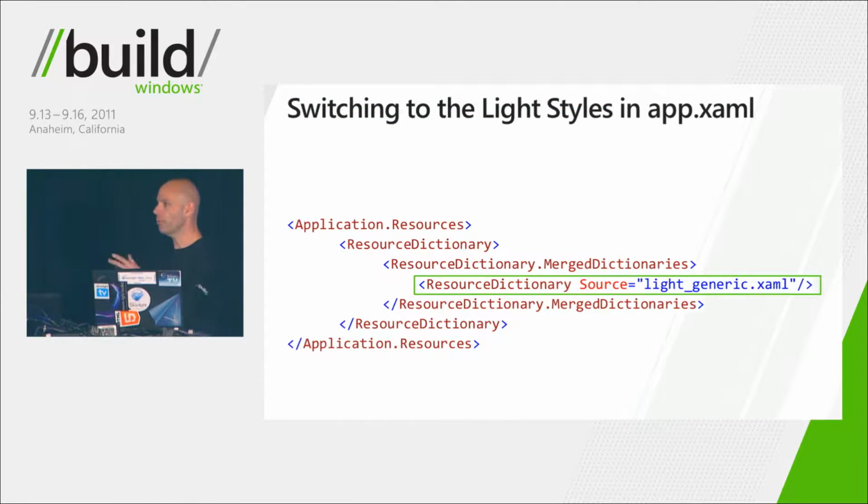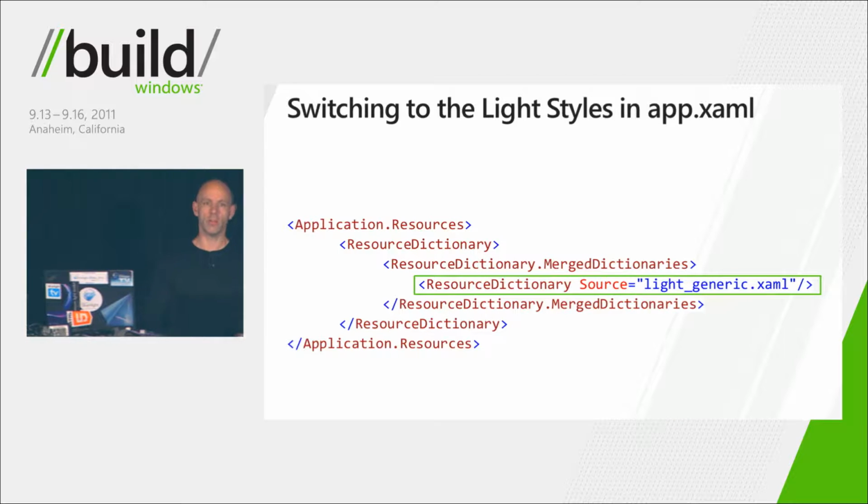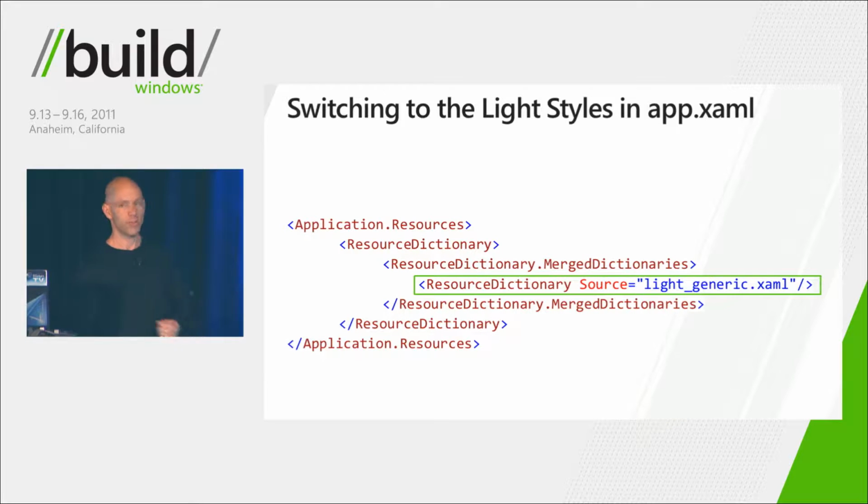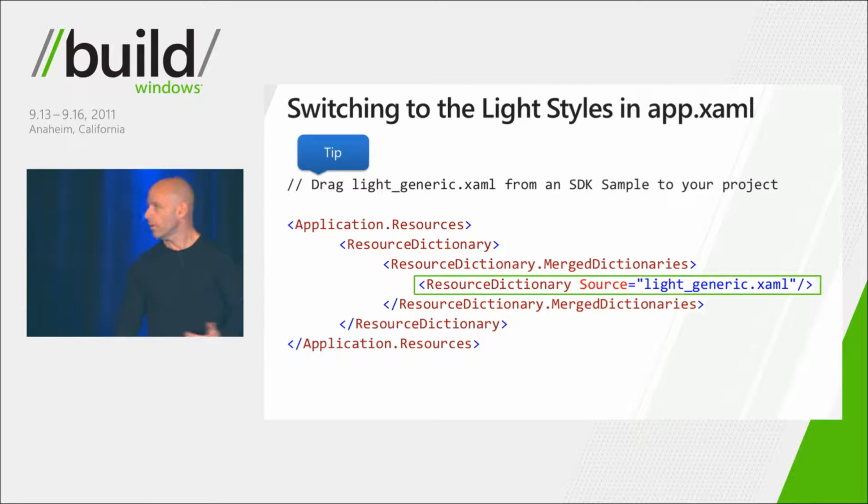So first, what you want to do to switch to the light styling, because you get the dark by default, is you want to pull in the light generic XAML as a resource dictionary. So all you're doing is you're adding this file, this reference, into your app XAML. And the easiest way to do that, honestly, is to drag it from Windows Explorer right into your project. It's going to add that line of code for you. You can flip over to the app XAML, and it'll show you where that actually drags it in.